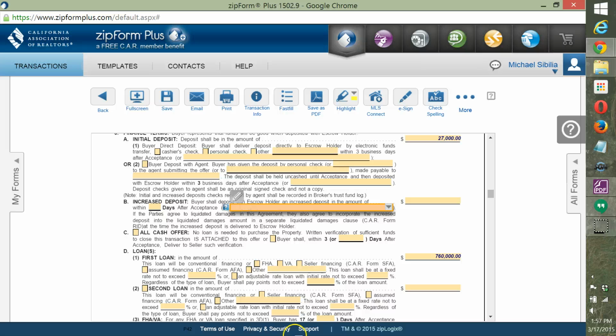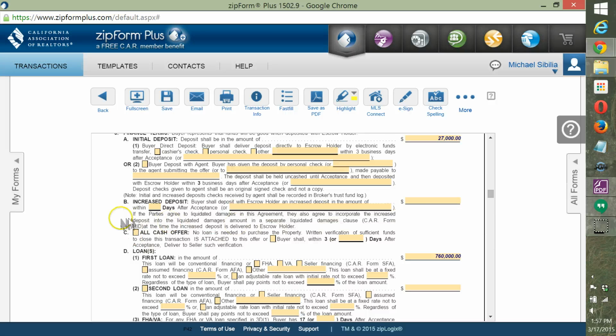Sometimes agents don't do that, but they write in something like 'upon removal of all contingencies.' They put in 'all' so that it's not removing one or another. Either you tie it to the removal of contingencies by the similar date, or write in when you've removed your contingencies.